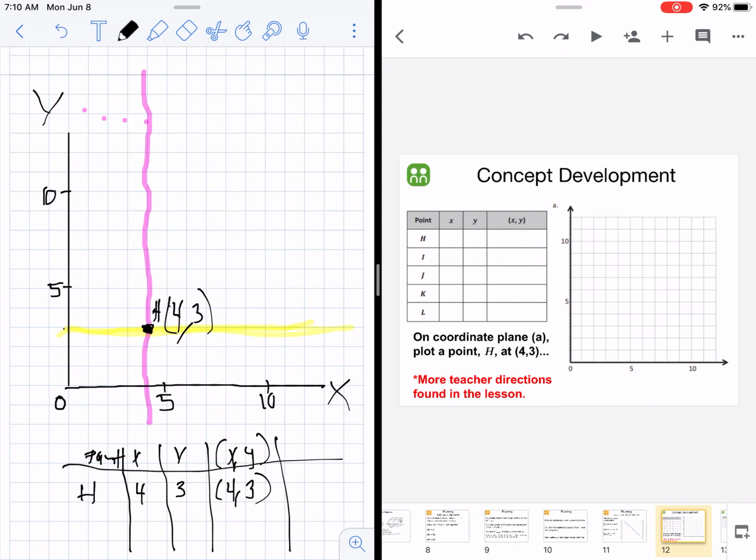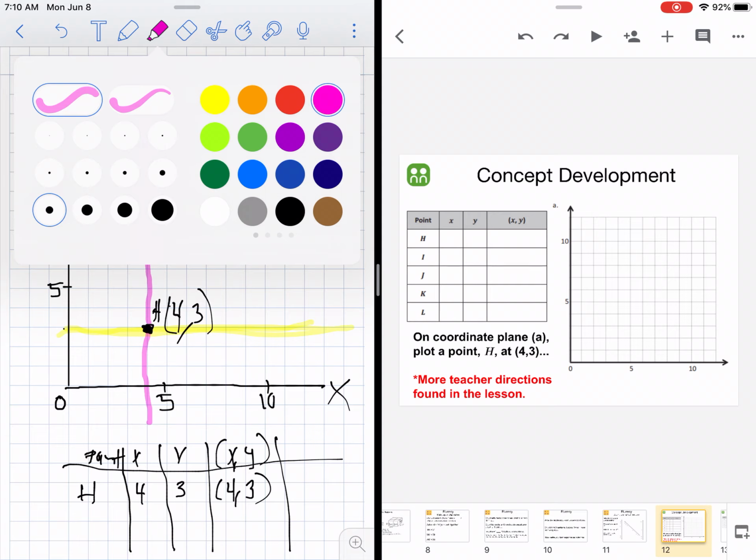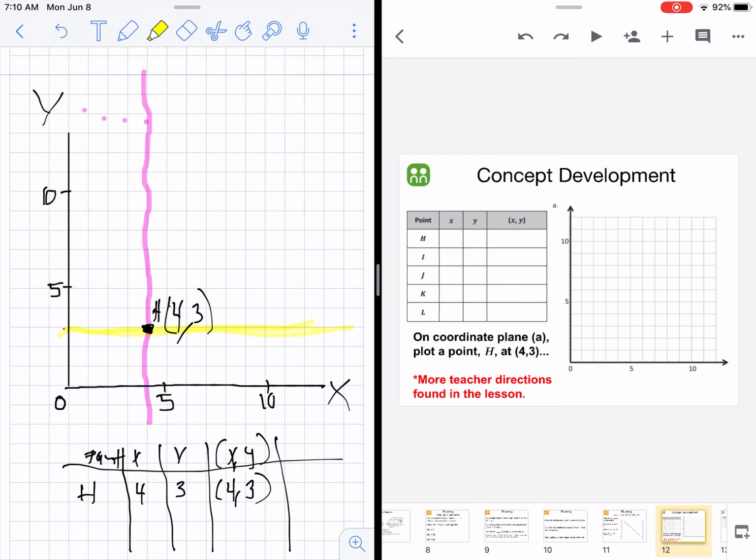Okay. All right. So what are the coordinates of this point H again? 4, 3. Very good. So make sure you fill in that chart. Now we're going to plot a second point. Okay. We're going to plot a second point that is 3 units from the x-axis.